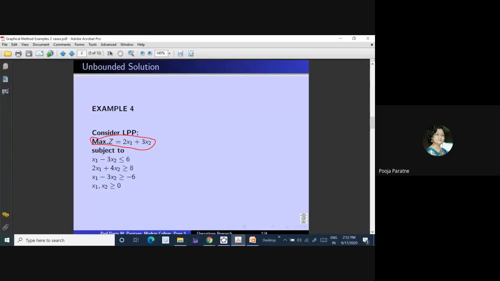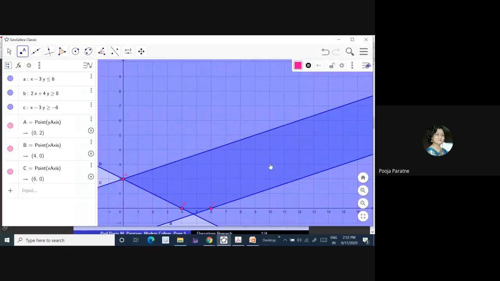So if it is maximization, we should get some bounded region so that we can check the boundary of the value of the function. But here it is going to infinity, as there is no boundary, it has an unbounded region, and hence this example has an unbounded solution.